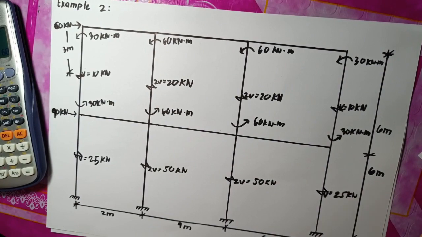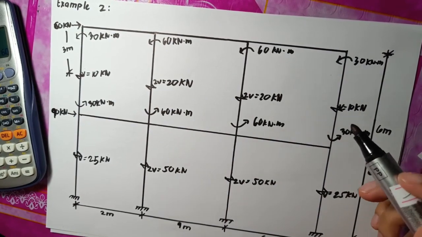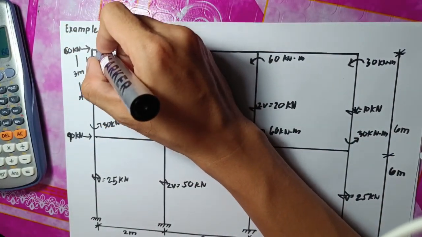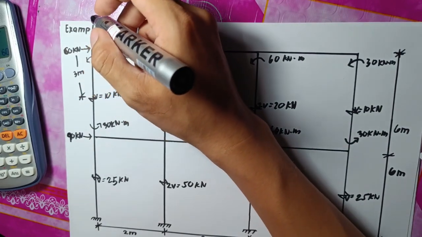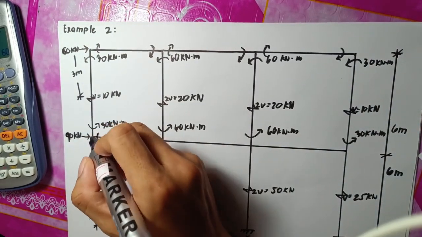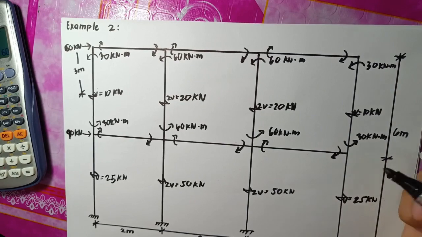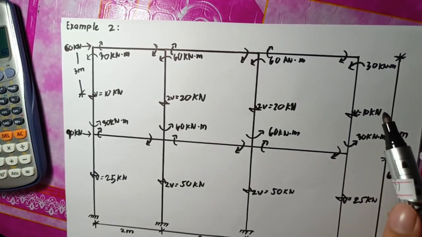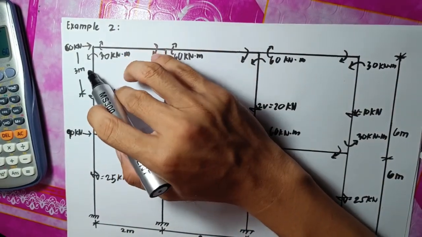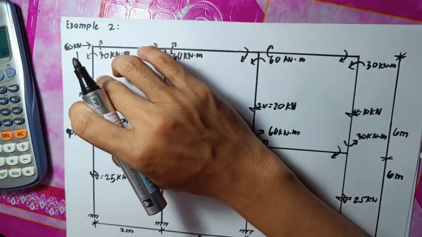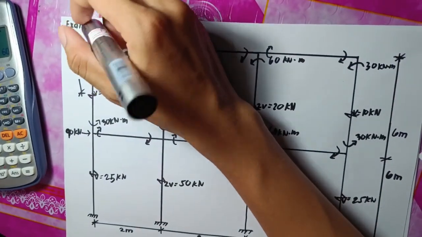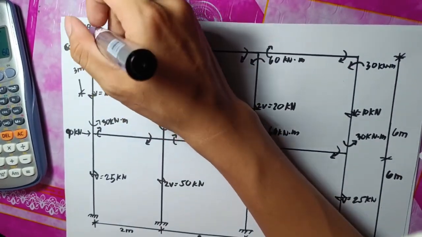So we must proceed to the third step, which is the girder moment. The first column and the girder, the column value is the same as the vertical column.